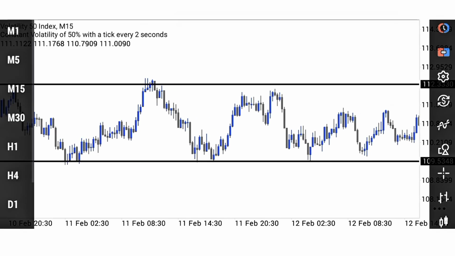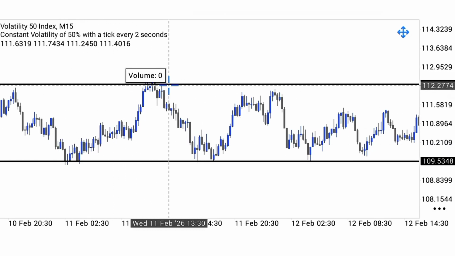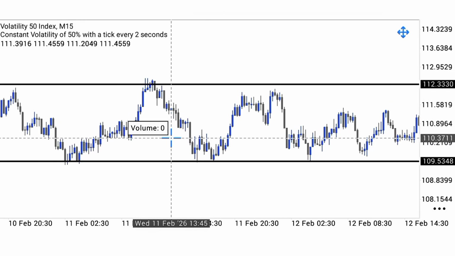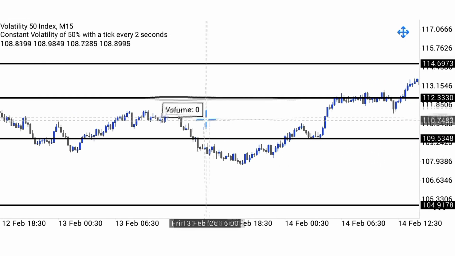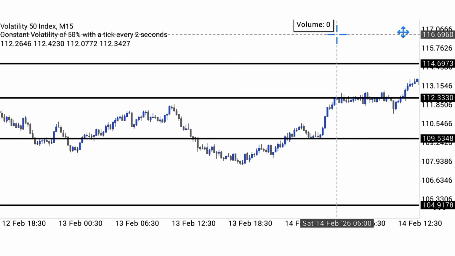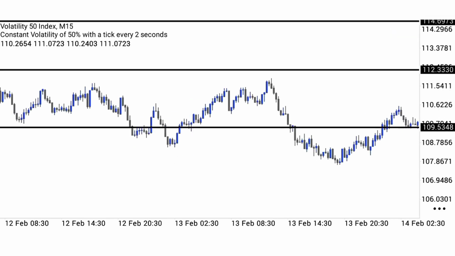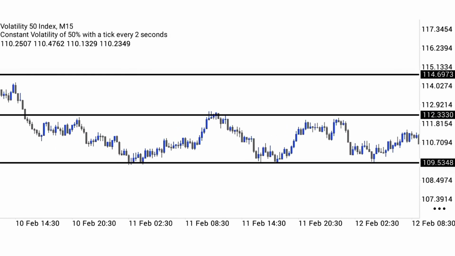Sometimes you will see the market just move around the support and resistance, just inside the support and resistance. While sometimes you will see the market break out of the support and resistance. See, those are two ways that price can move around support and resistance.